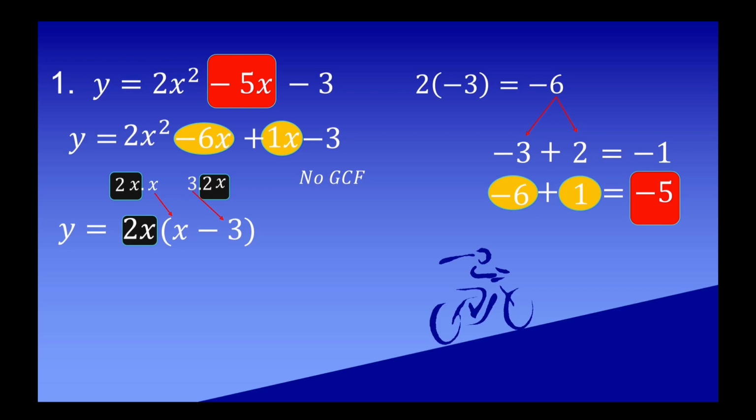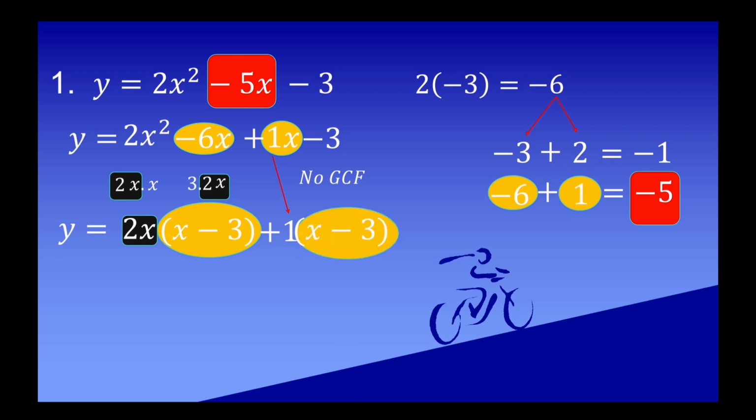And for the last two terms, negative 1x minus 3. Since we don't have a GCF, then bring down 1, then copy the remaining variable and constant, x minus 3. So then we have a new equation: y is equal to 2x, a quantity x minus 3, plus 1, a quantity of x minus 3.